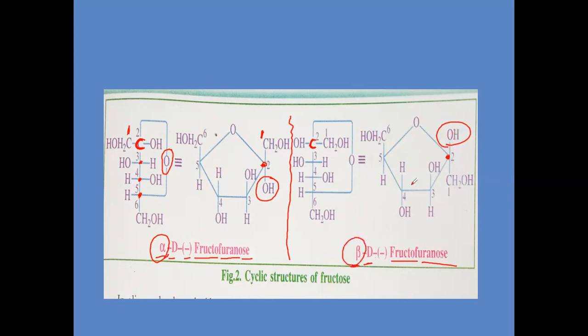If OH is above, beta. If OH is below, alpha. That is alpha D-fructofuranose, and the right side is beta D-fructofuranose. So these are the cyclic structures of fructose, called fructofuranose structures.